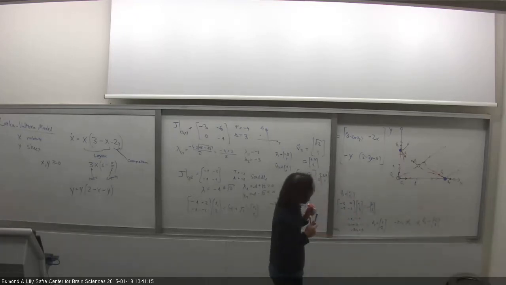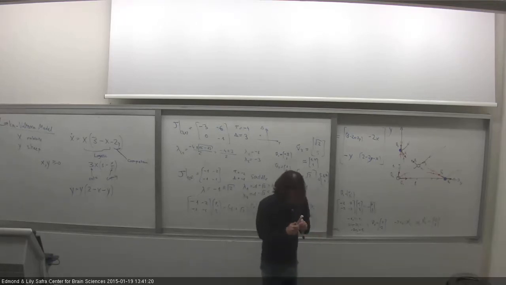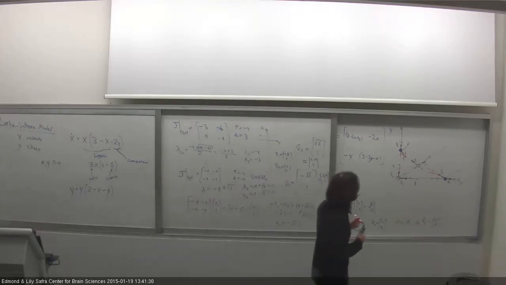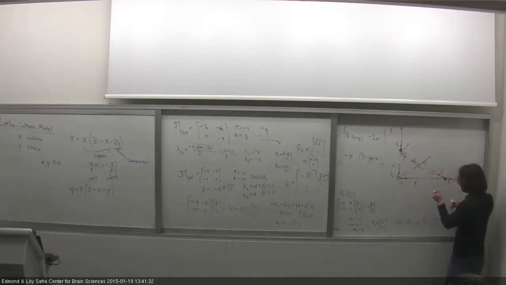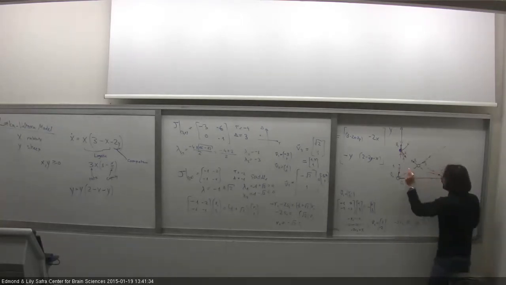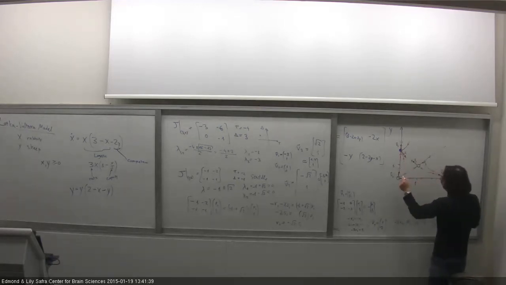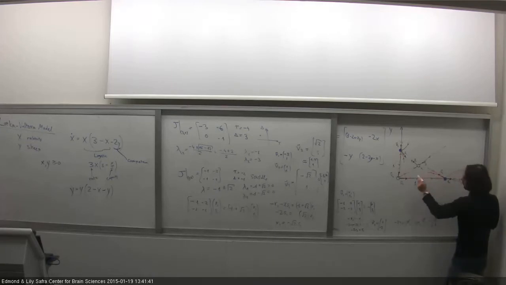So this is what we get. And so now we can start filling this in. On the axes, it's obvious. Things just go along the axes. Here, for example, you see this might go into that fixed point.